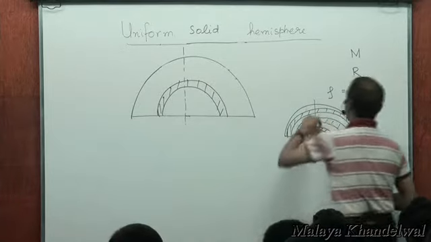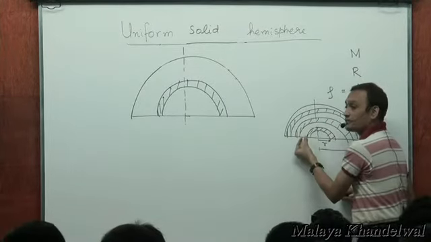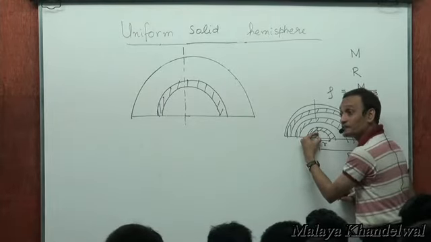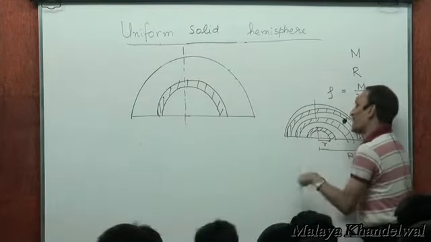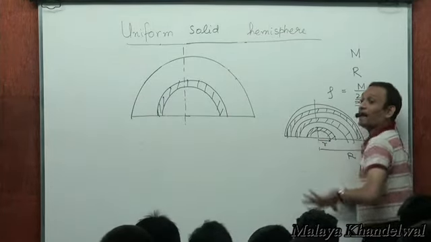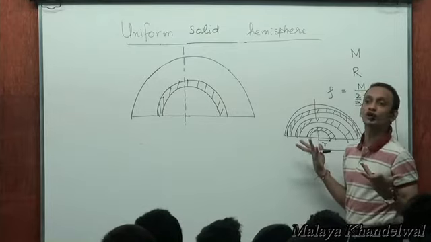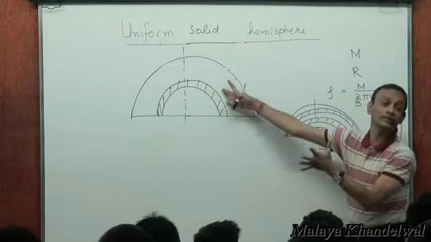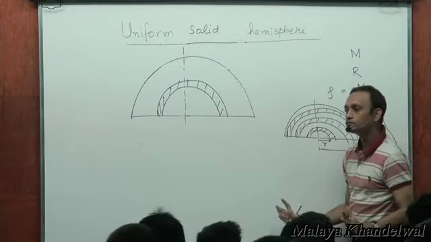So for this particular hemisphere, mass of this hemisphere into small r by 2 would be the y into dm. And then I sum it up by varying small r from 0 to capital R. And then I divide by the total mass of the solid hemisphere. That's going to give me the y of the center of mass of the solid hemisphere. Yes or no? Right?